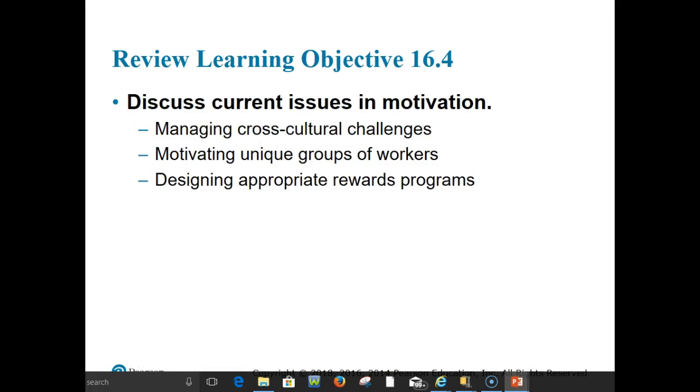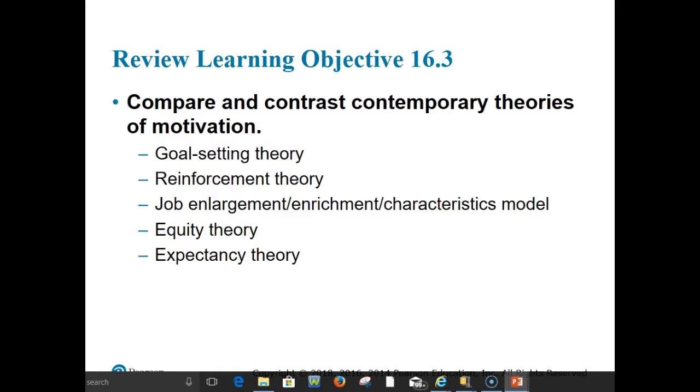Now moving on to our fourth learning objective. Oh, you know what? Going back to this, I want to finish up some of these bullets with, remember that job enrichment vertically expands job depth by giving employees more control over their work.